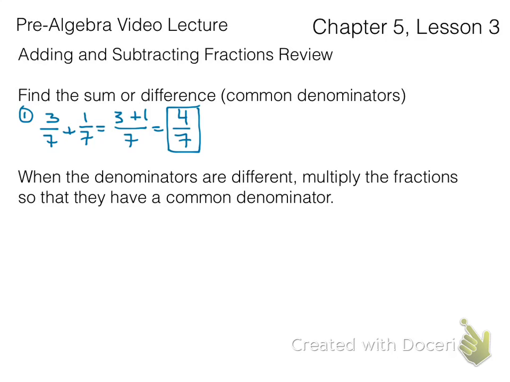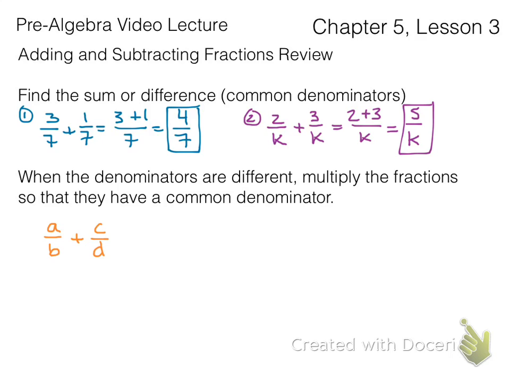All right, and we're also going to be talking about letters today too. So if we have 2 over k plus 3 over k, the k's are the same, so I just add the numerators, and that's going to give me 5 over k. All right, so when the denominators are different, multiply the fractions so that they have a common denominator.